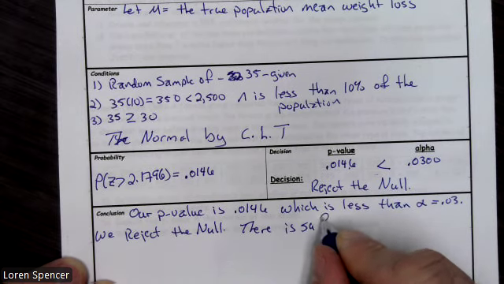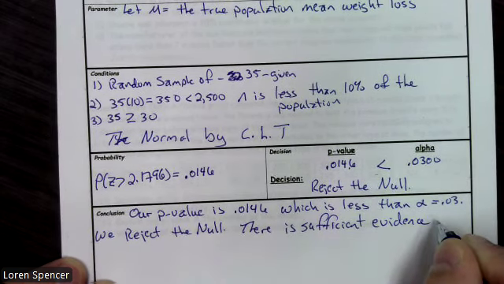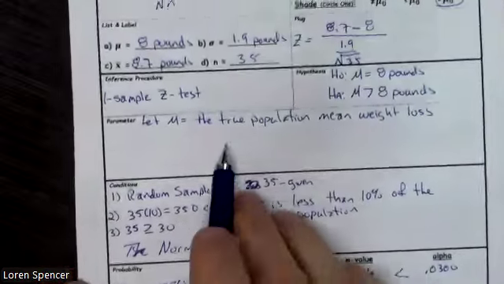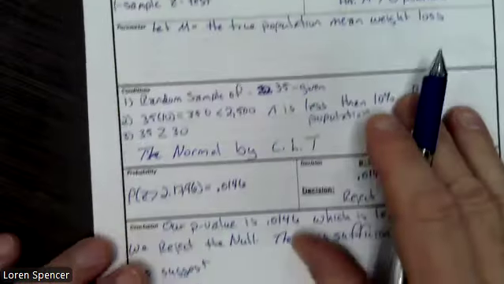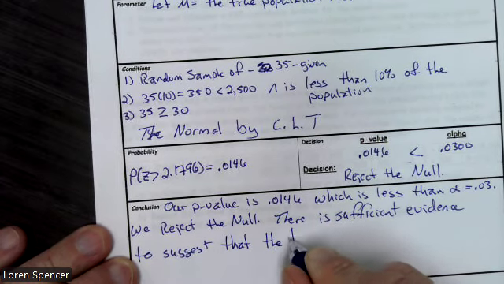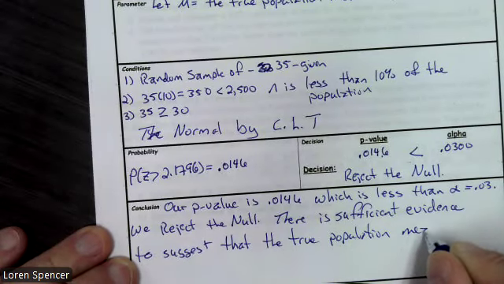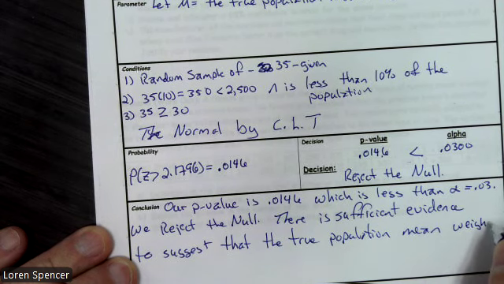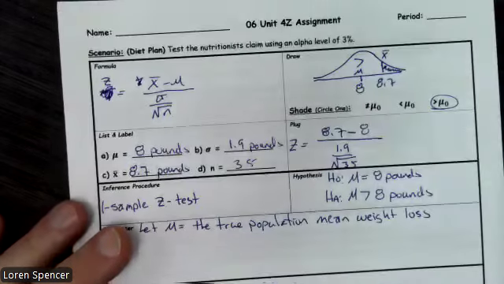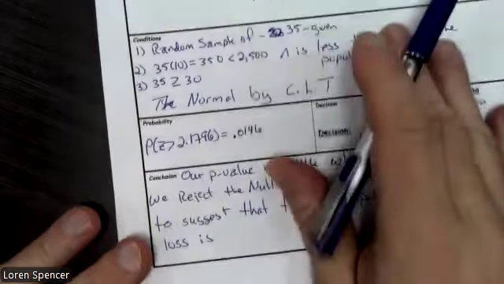I like the word sufficient because there's enough evidence to suggest what? Well, what were we talking about? True population mean weight loss is, well, what was our alternative hypothesis? Oh, we just need to put that in words. So that's greater than 8 pounds.